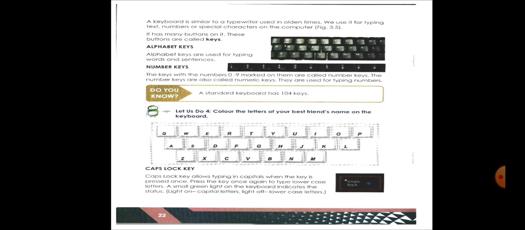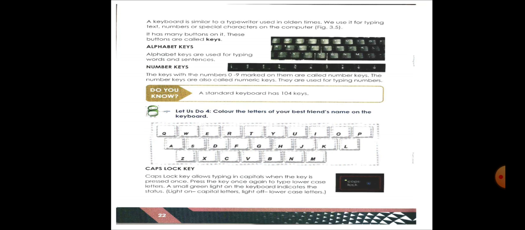Press the key once again to type lowercase letters. A small green light on the keyboard indicates the status. When the light is on, capital letters will be displayed if you press any alphabet. And when the light is off, the lowercase letters will be displayed on the monitor.